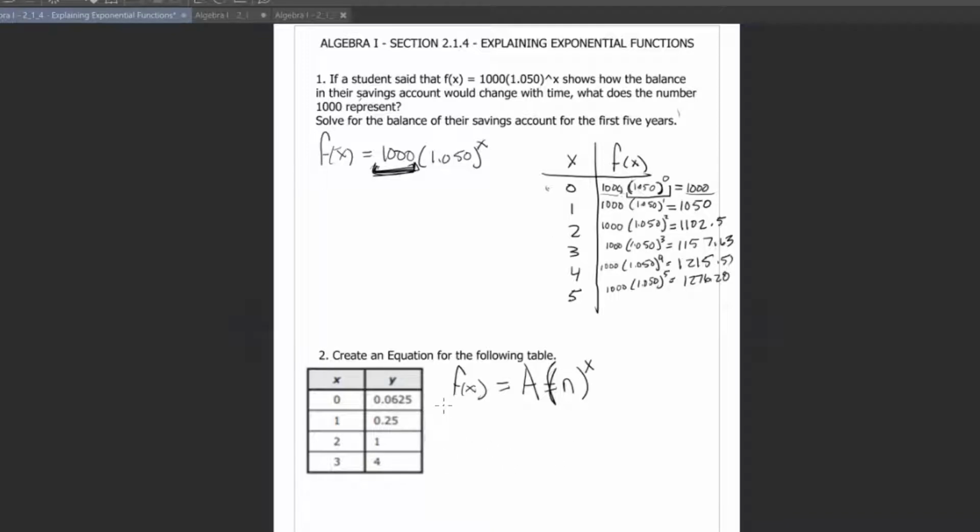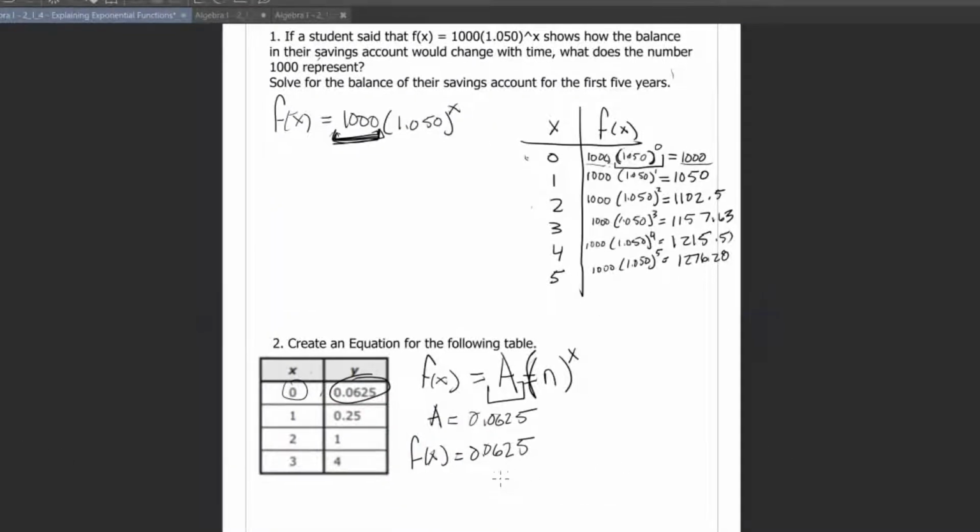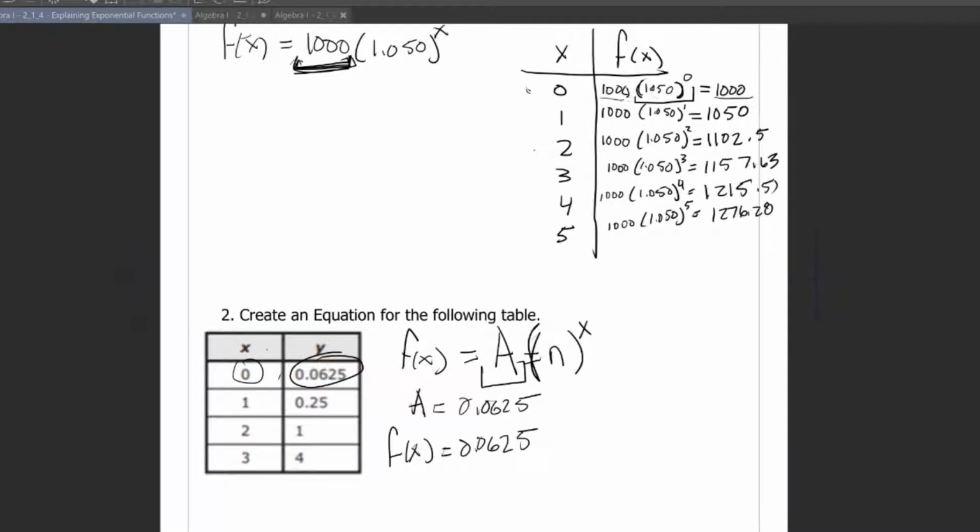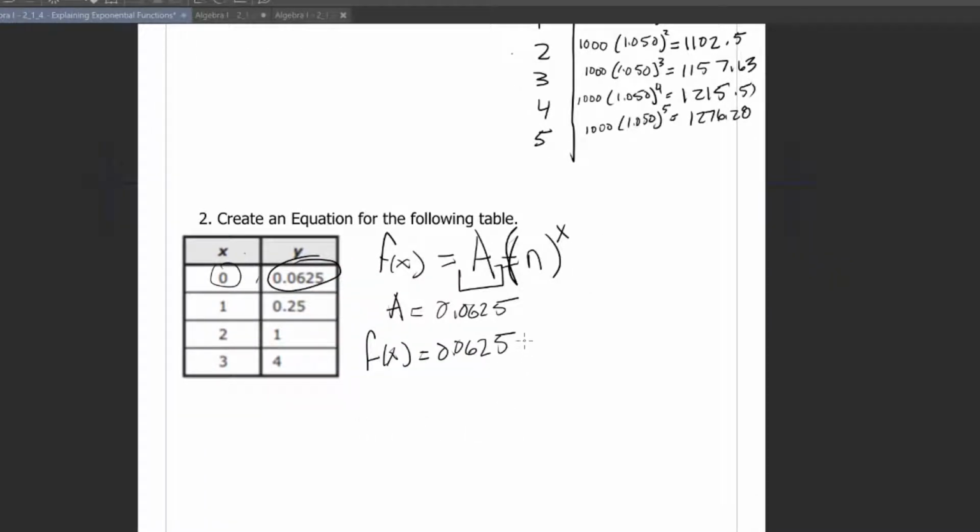So we know at t equals 0, so x equals 0, as we set up here, a is this value whenever t or x equals 0. So we know that a is going to be 0.0625. Okay, so rewriting the equation, 0.0625 times n to the x.